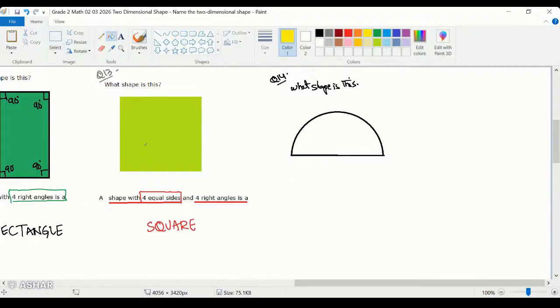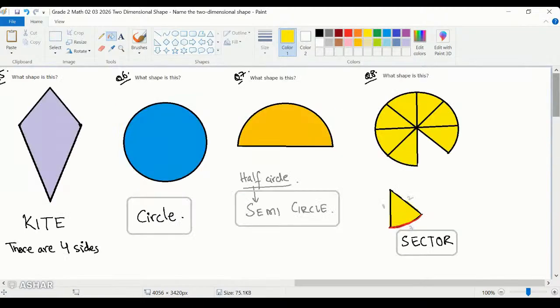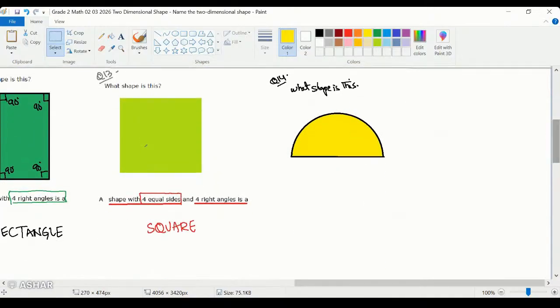So what is the name of this shape? Question number 14.